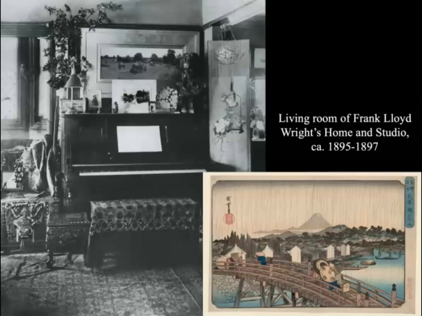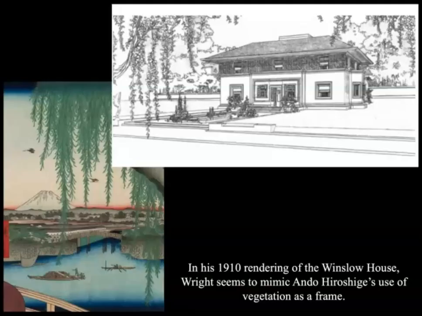That they are simple, that they're modern, that their colors fit his aesthetics, whatever the case may be. So even to the fact of when he did this rendering of the Winslow house, he seemed to even mimic the falling of the foliage here in the drawing. So even in his drawings, he's mimicking Hiroshige's use of vegetation.